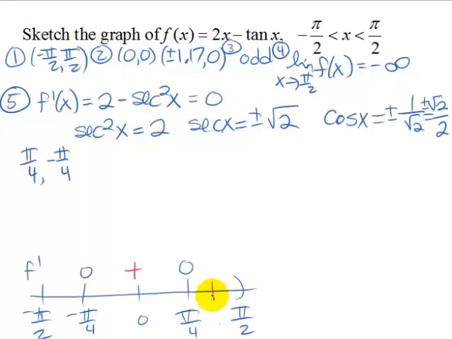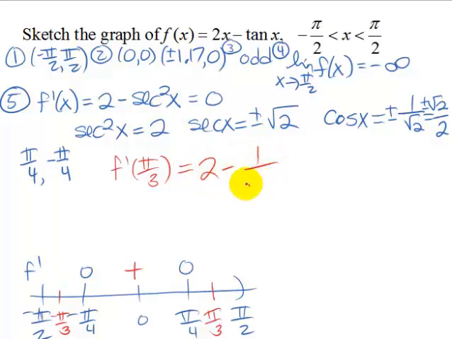Let's choose a value here, maybe like pi thirds, something that we could compute here. So if we're looking at pi thirds, and since we're squaring things, once we figure that out, it's going to be the same at negative pi thirds. That's going to be 2 minus 1 over the cosine of pi thirds.